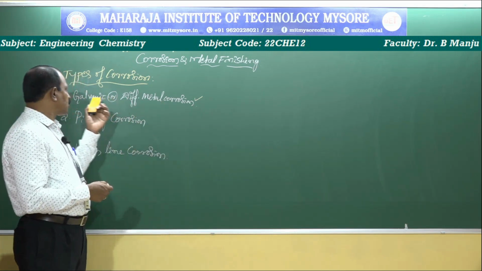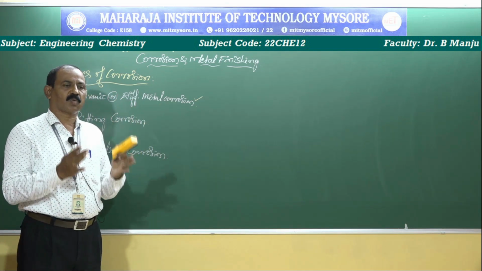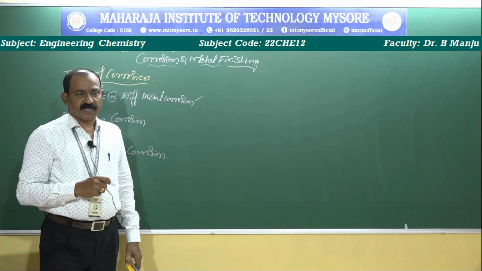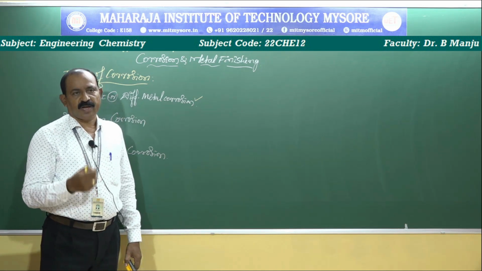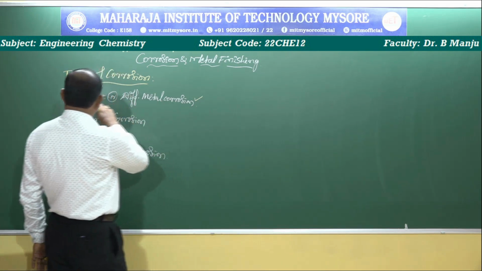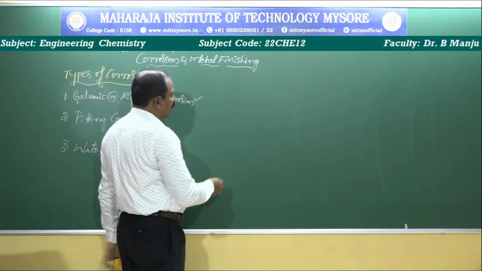Galvanic or differential metal corrosion occurs only when two dissimilar metals are connected to each other by an electrical wire and immersed or exposed to an electrolyte solution.